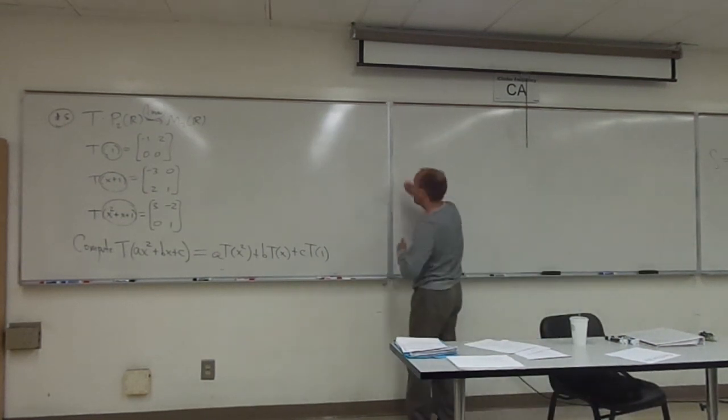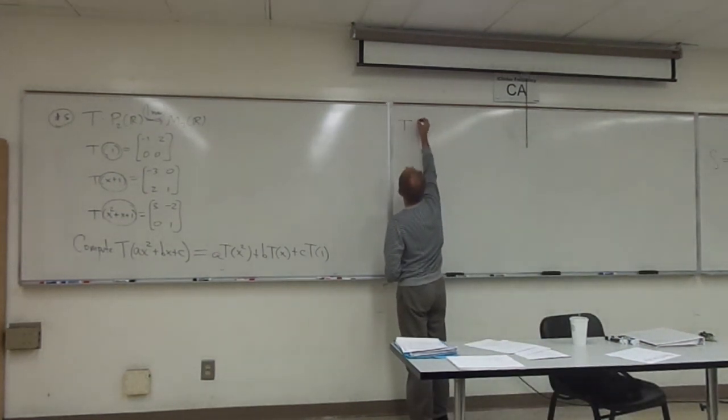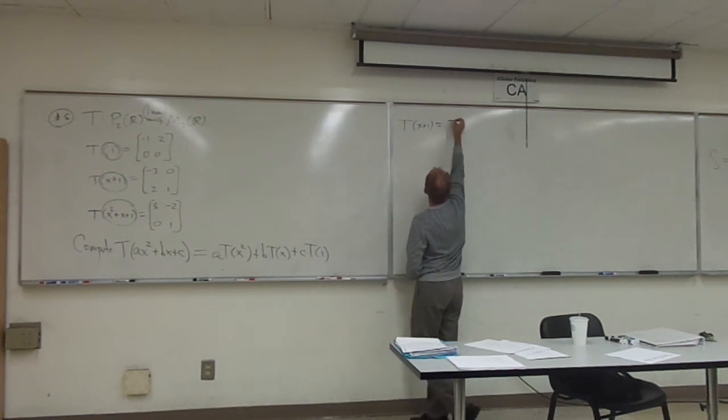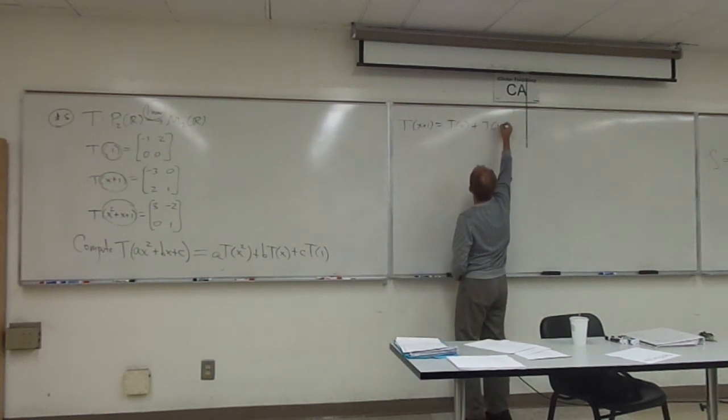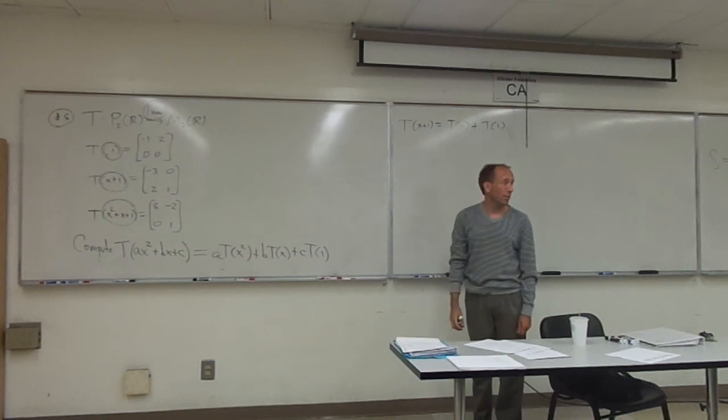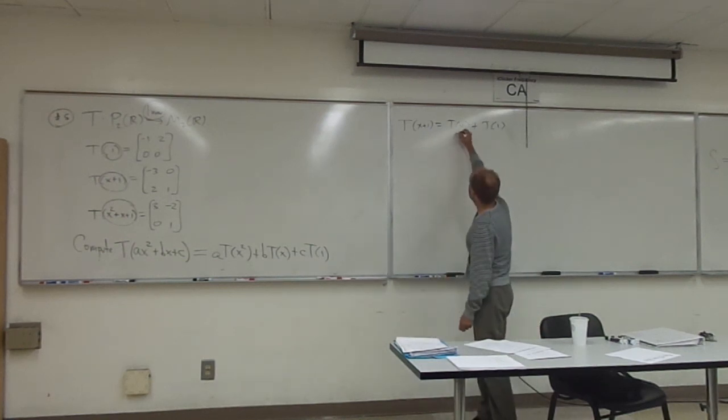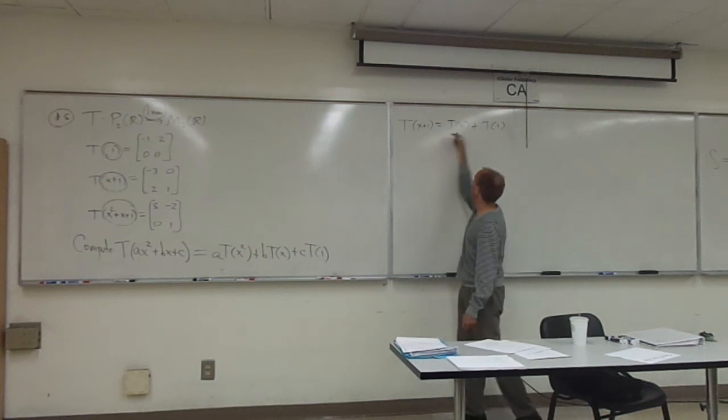So basically T of x plus 1 is just T of x plus T of 1. It respects addition, and basically also subtraction. So I can figure out what T of x is by taking this one minus this one.